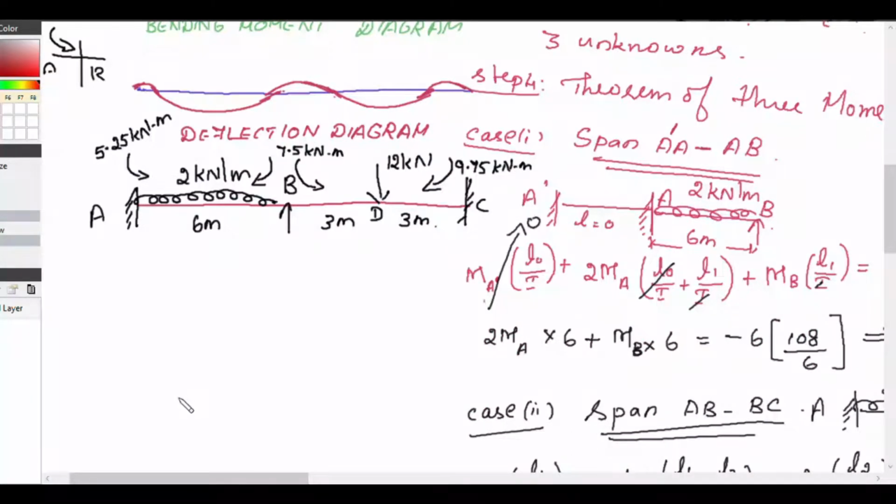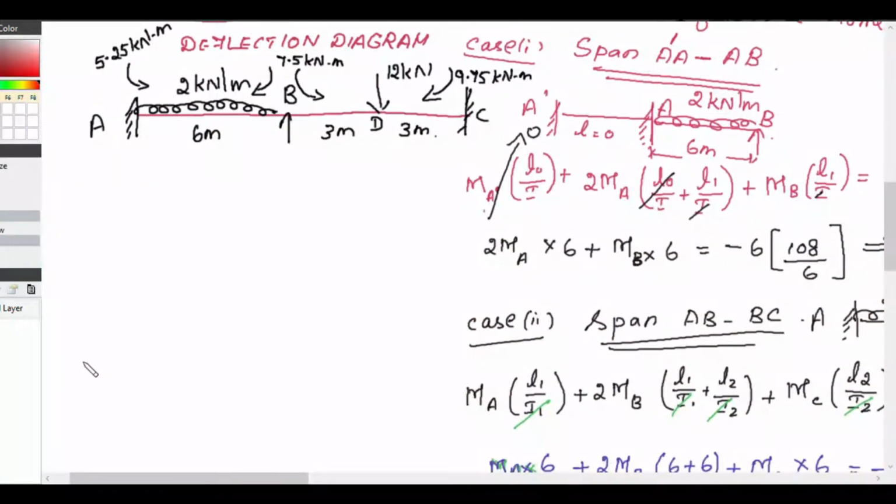Now we will take the moments to the left of C. Considering the moment to the left of C, what we get is RA into 12. That is, left clockwise is positive. See, before that, our reactions are the reaction at A, the reaction at B, and the reaction at C. Our aim is to find these.